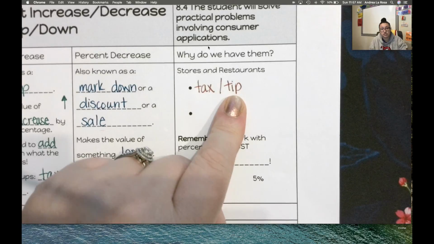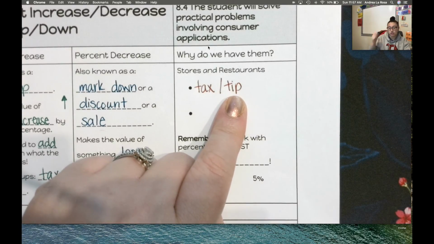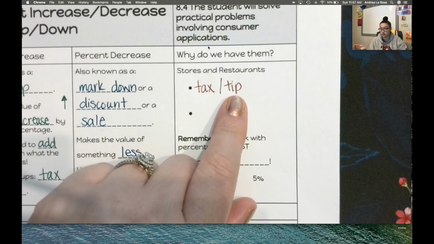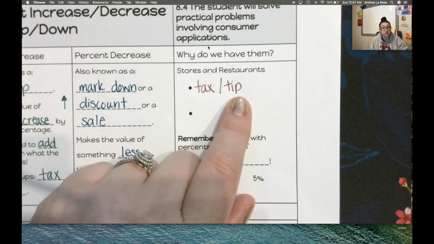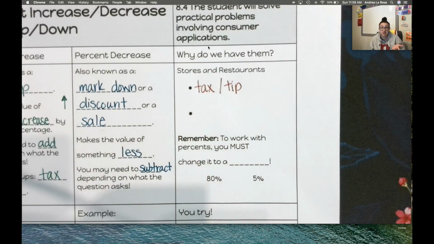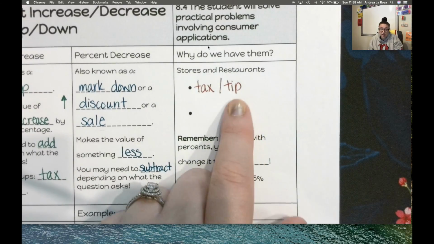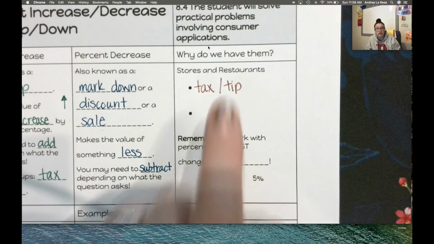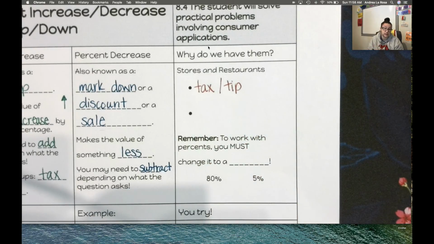And then when you go to a restaurant, you'll leave a tip. You'll leave a tip to thank the waiter for serving you, for waiting on you. Waiters and waitresses really only make about $2 an hour. So if you don't leave them a tip, they don't make a lot of money. So that's why we tip really well if the server treats us well, and we don't tip as much if they don't do as good of a job.